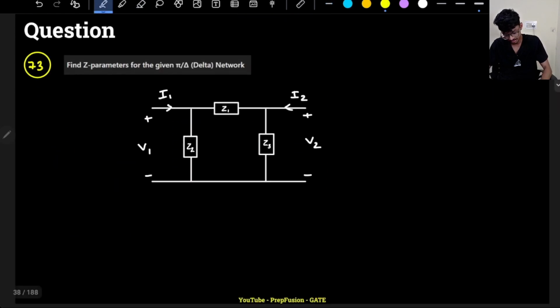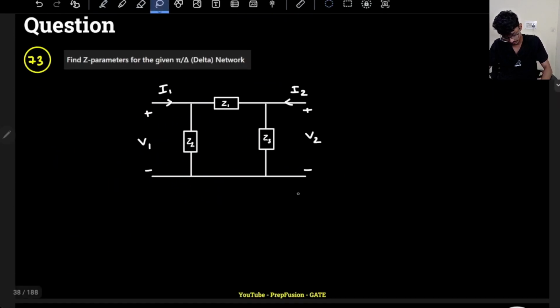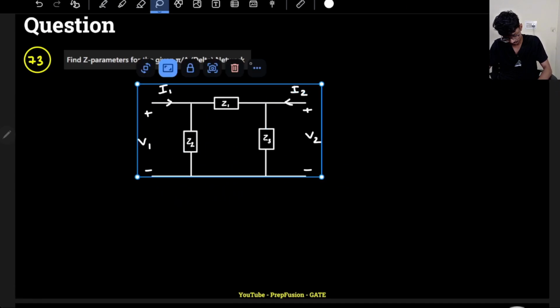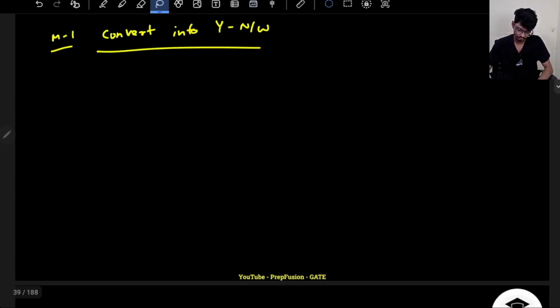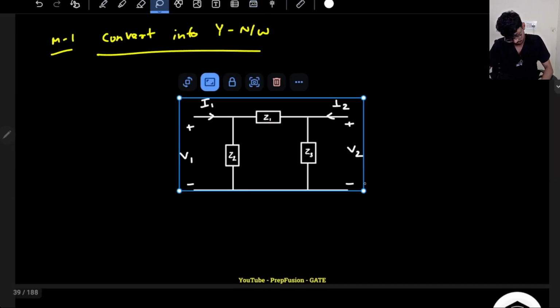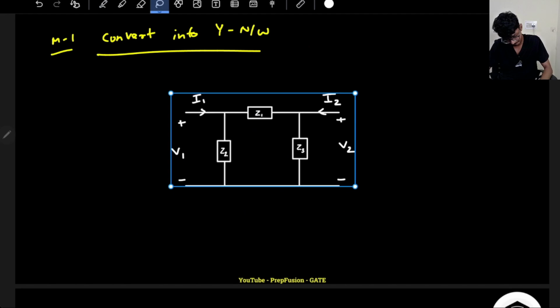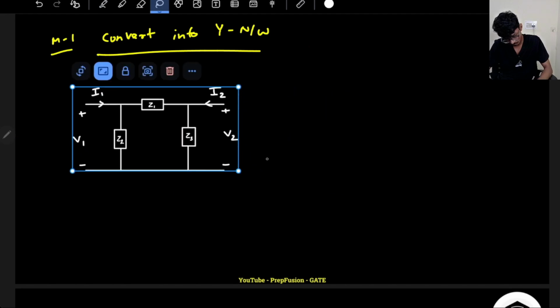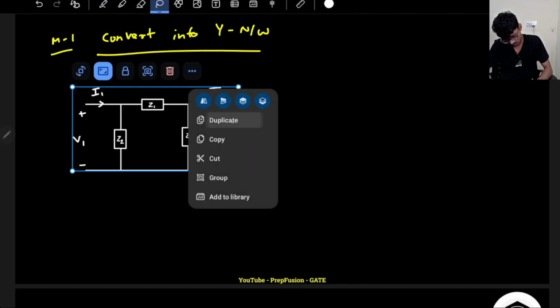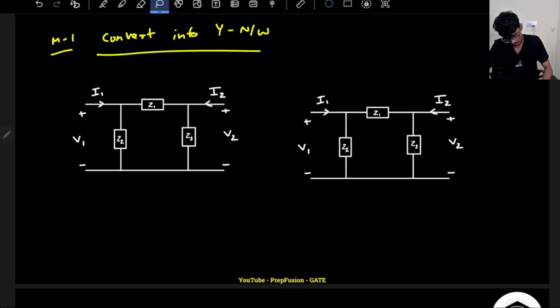So basically, this circuit can be converted into a star network.